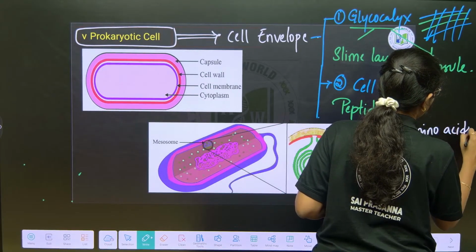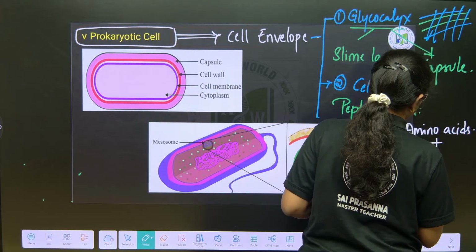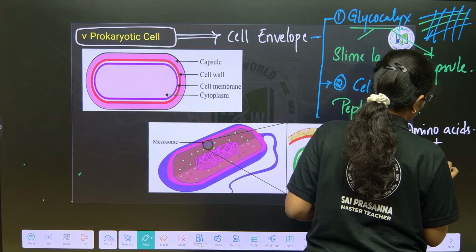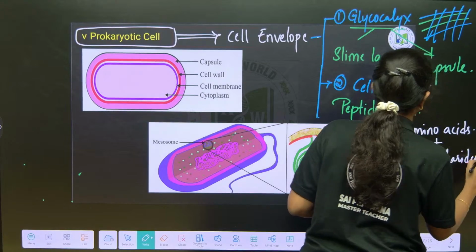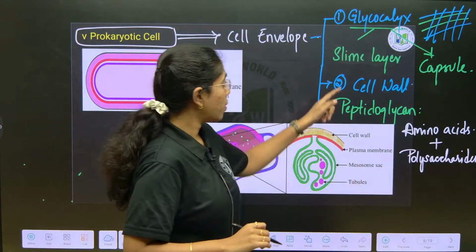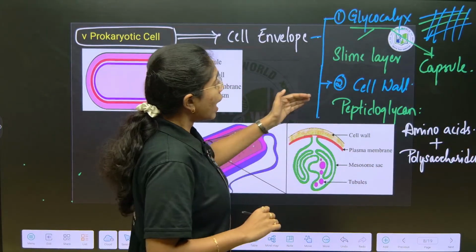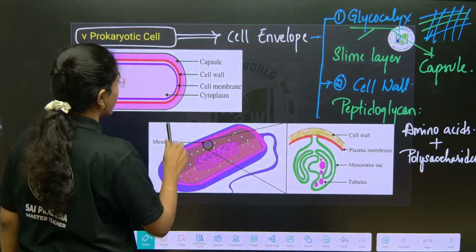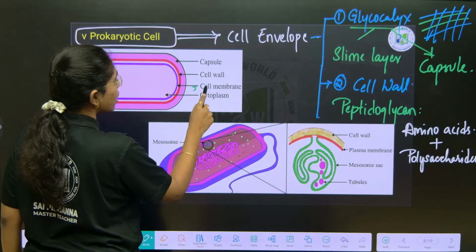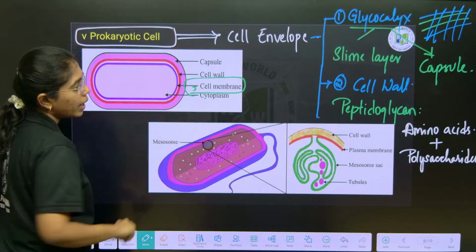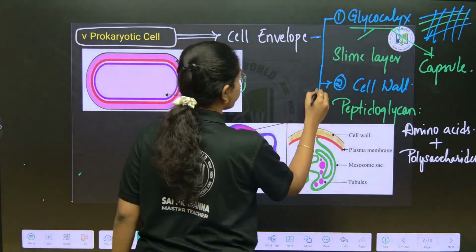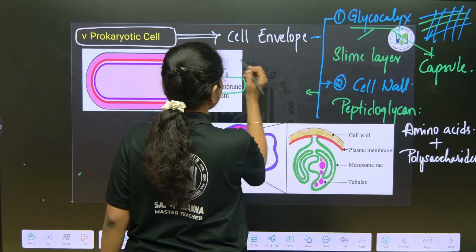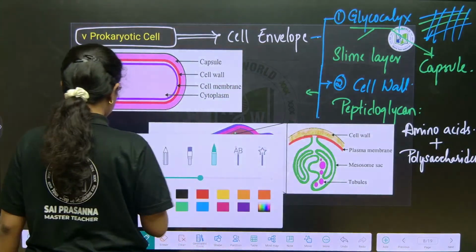Take down carefully. And next is the cell membrane. The innermost layer of the cell envelope is the cell membrane. So the third layer is the cell membrane.